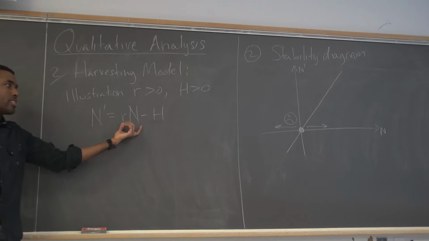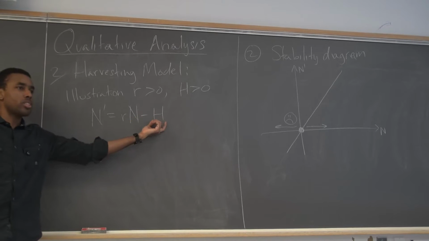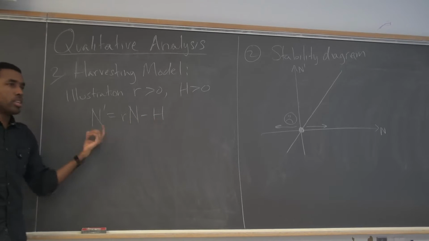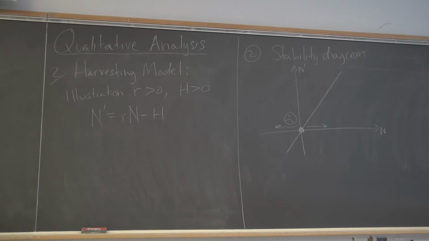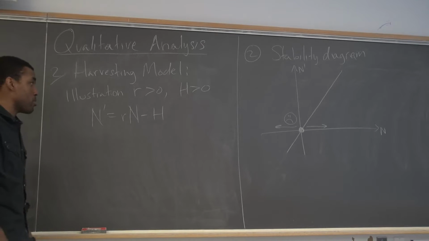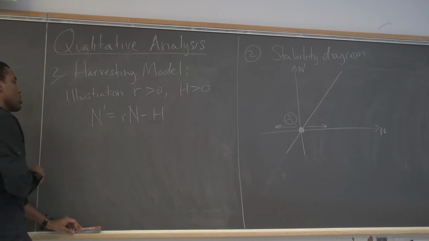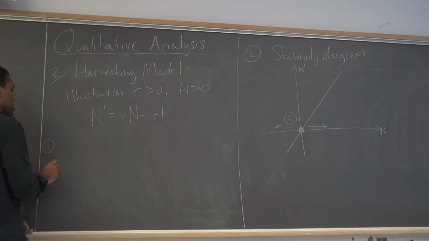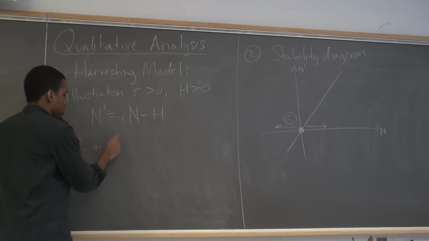You can say, this is how they're growing normally, but we're hunting some of them, and we kill an average of this many per year. This is the model you use. That's called harvesting, when you harvest individuals from the population. So in this case, step one would be to find steady states and inflection points.